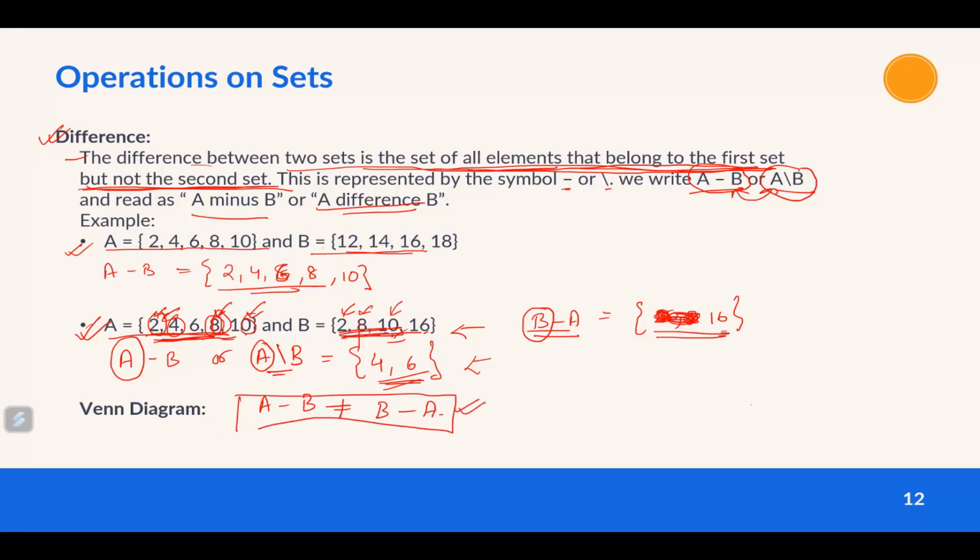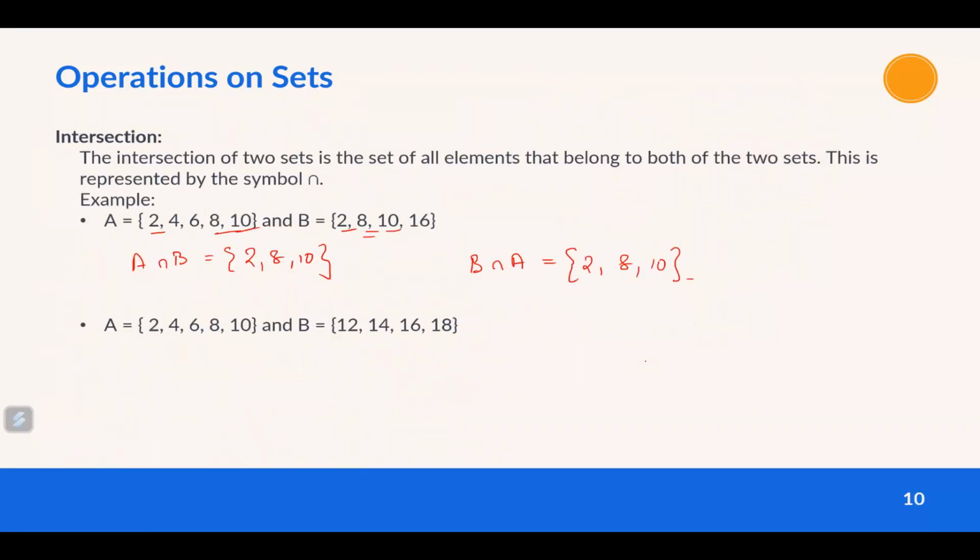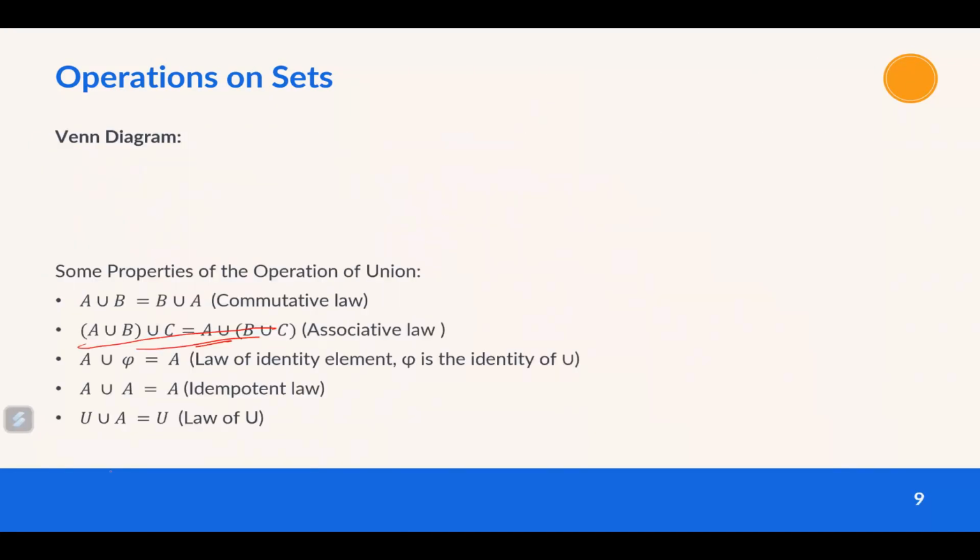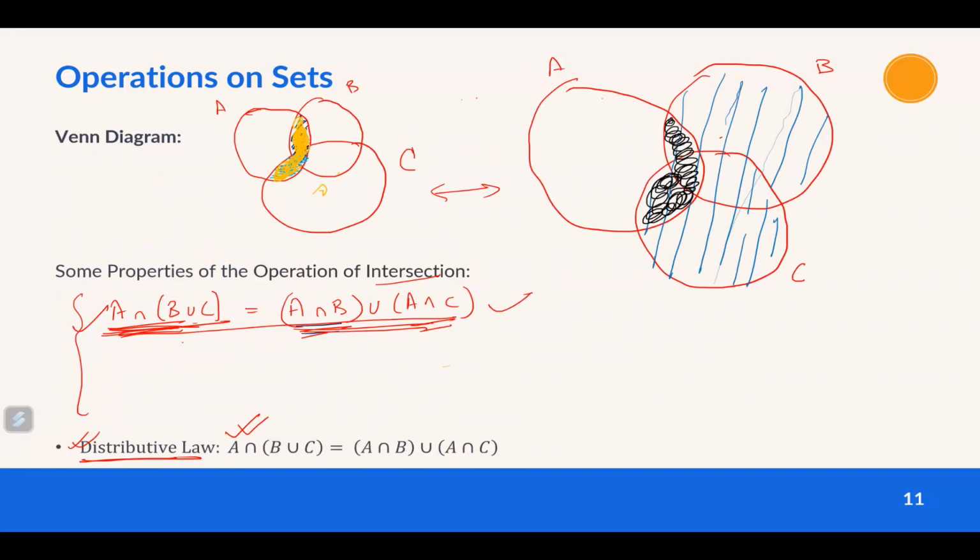Okay. In the earlier case, when we were doing A union B, this was same as B union A. Remember? We can go back and see here. A union B was same as B union A. Similarly, when we are doing intersection, we wrote that A intersection B was same as B intersection A, right?